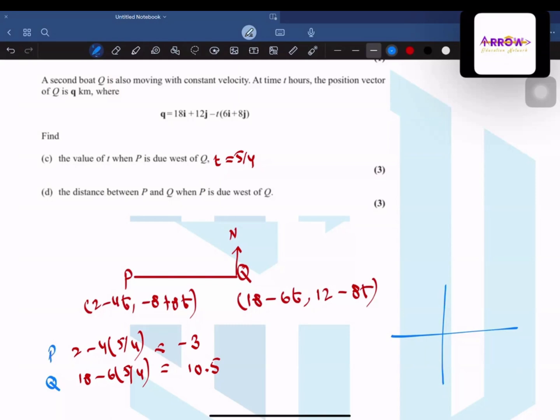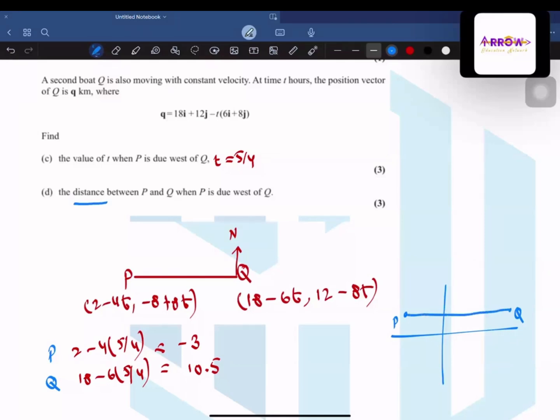So for P the x coordinate is minus 3, and for Q the x coordinate is 10.5. So we just need to find the distance of this horizontal line.